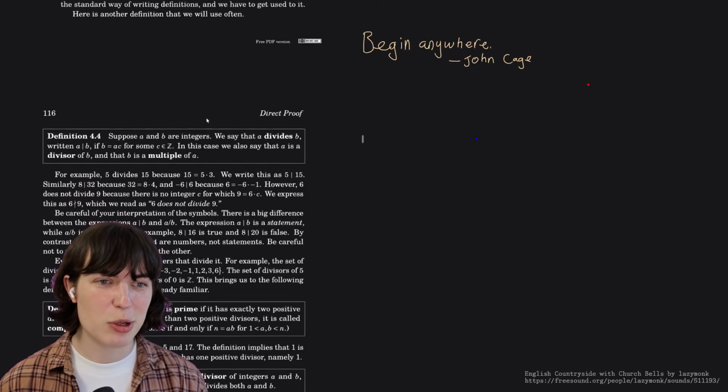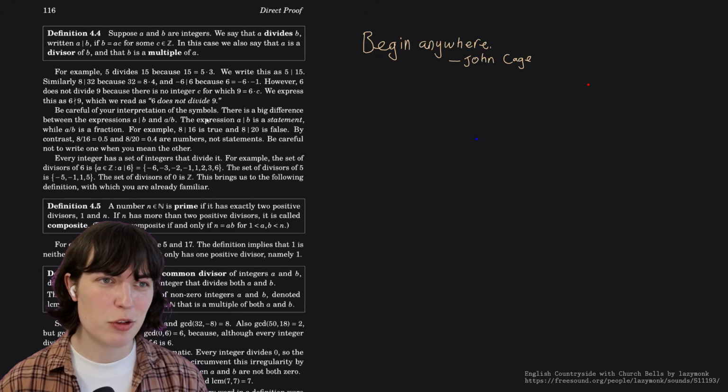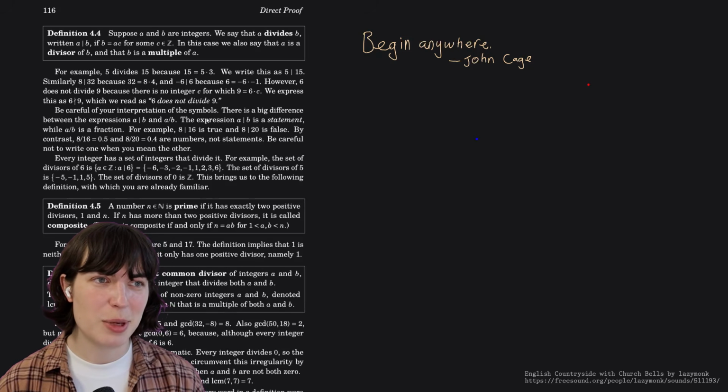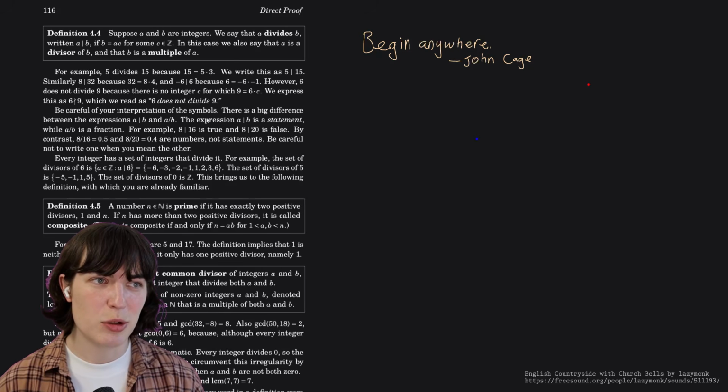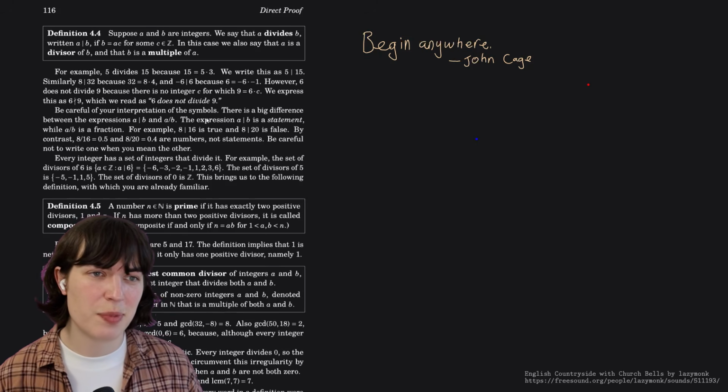Here is another definition we will use often. Definition 4.4. Suppose a and b are integers. We say that a divides b, written a bar b, if b equals ac for some c in the integers. In this case, we also say that a is a divisor of b and that b is a multiple of a.